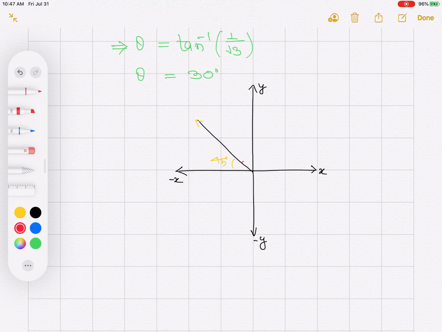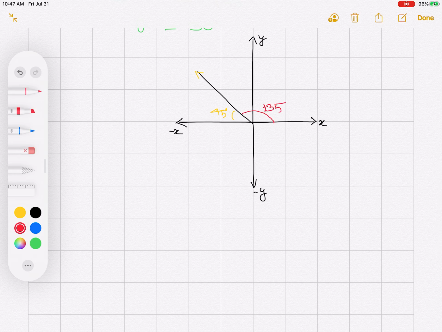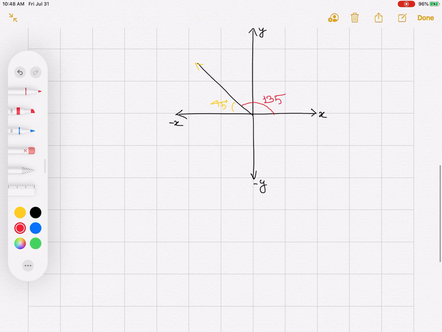So this angle will be 135. Otherwise you need to take care of signs. So you can do it in two ways: either take the angle made with the positive x-axis, or take care of the signs. Let me resolve this one, that will make it clearer.